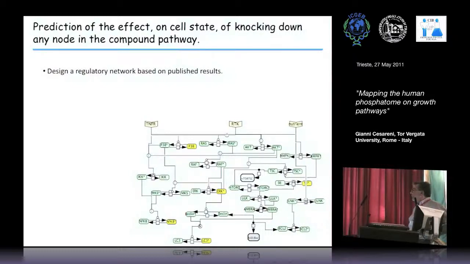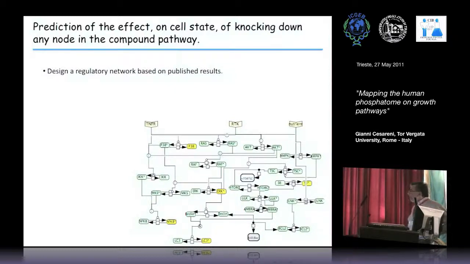For instance, you see that here P38 is phosphorylated, and this is mediated by the presence of TNF-alpha. Each single circle here represents a differential equation that is governed by a variety of parameters, too many, the vast majority of which we don't know much.